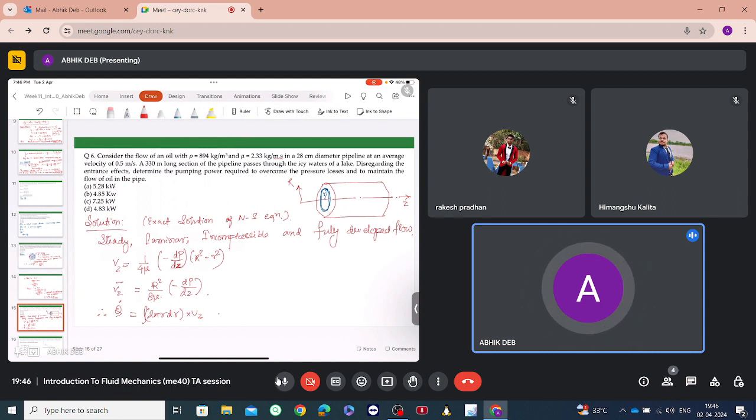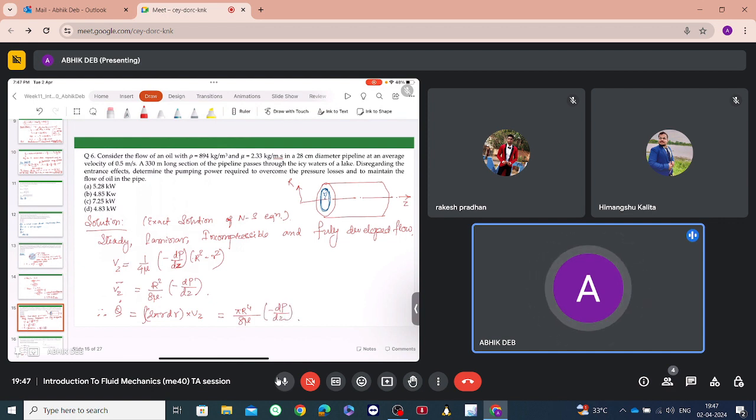So if we integrate this, putting the value of Vz, we will reach the value as pi r to the power 4 by 8 mu minus of dp by dz.